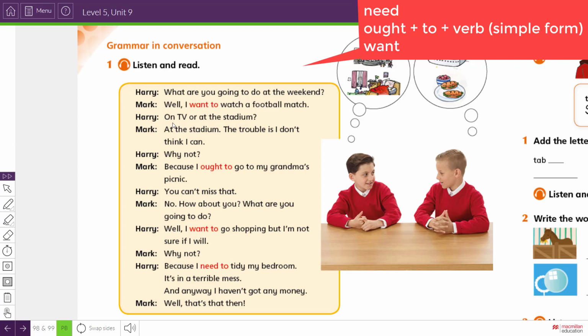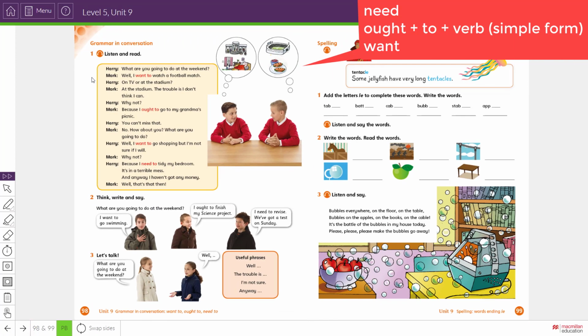Okay, I'd like you now to listen to this dialogue, this conversation between Harry and Mark, and pay attention to want to, ought to, need to. They are all followed by a clean verb, a verb without any additions. You see, watch, go, go, tidy. Okay, listen.